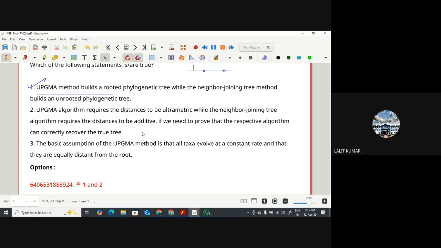So if I remember, in the lecture it was written that UPGMA works on a heuristic, and it can build an ultrametric tree even for additive and non-additive matrices. Is this correct, Bhavya?